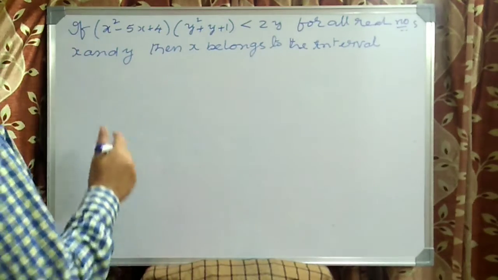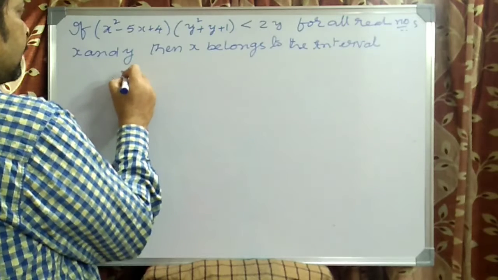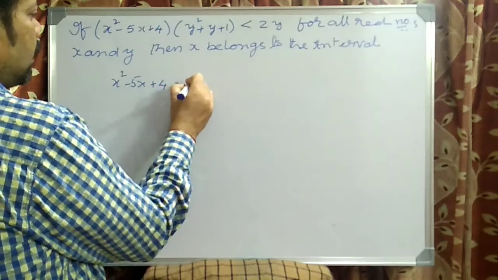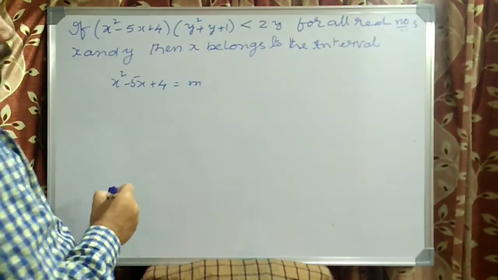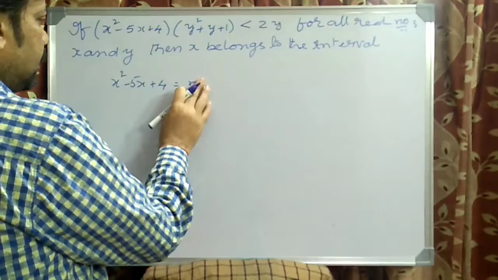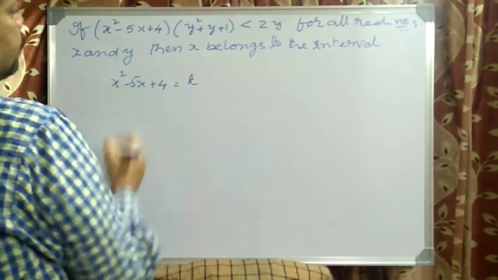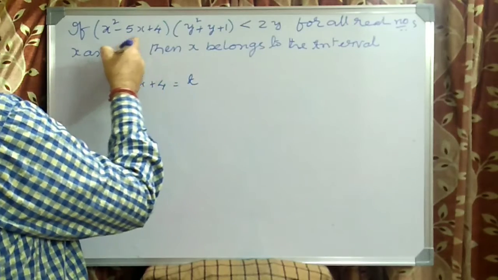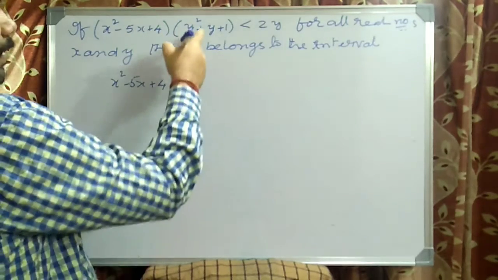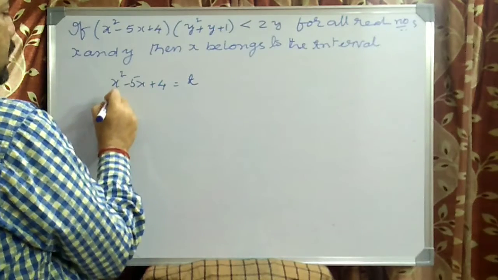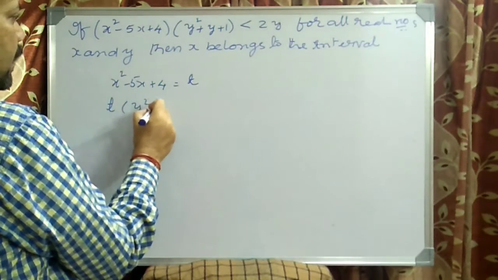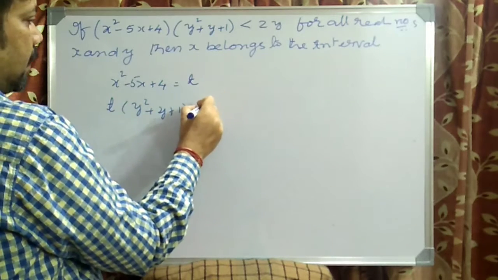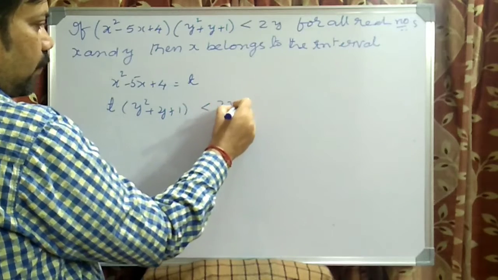Now I take x square minus 5x plus 4 is equal to t, let us say t. So now this t is a coefficient of this term in the inequality. So t into (y square plus y plus 1) is less than 2y.